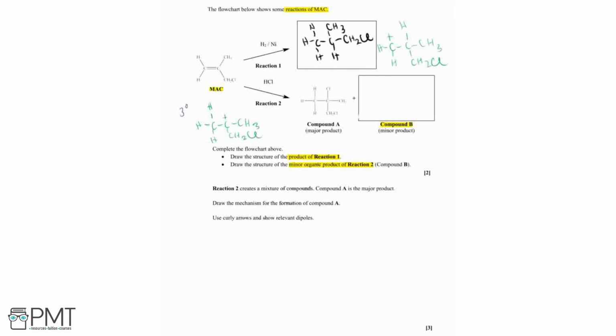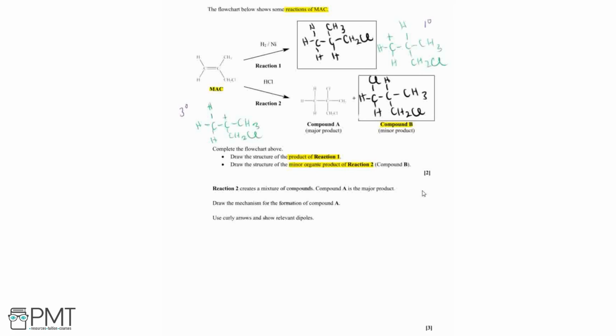Therefore this one is going to be a primary carbocation, which is less stable, hence why it's the minor product overall. So the product will look like this. It's where we've got the Cl bonded where that charge was, like so. And there is 1 mark for each of the compounds overall, giving us 2 marks for this part of the question.